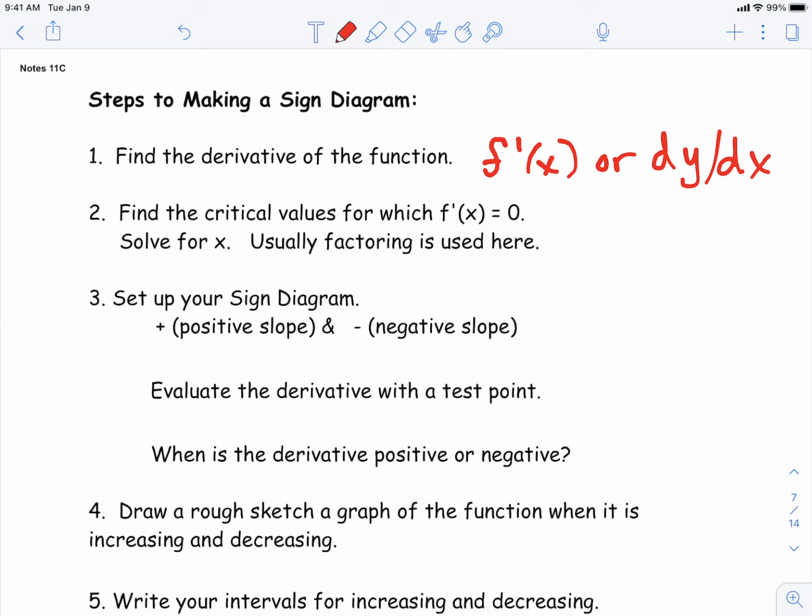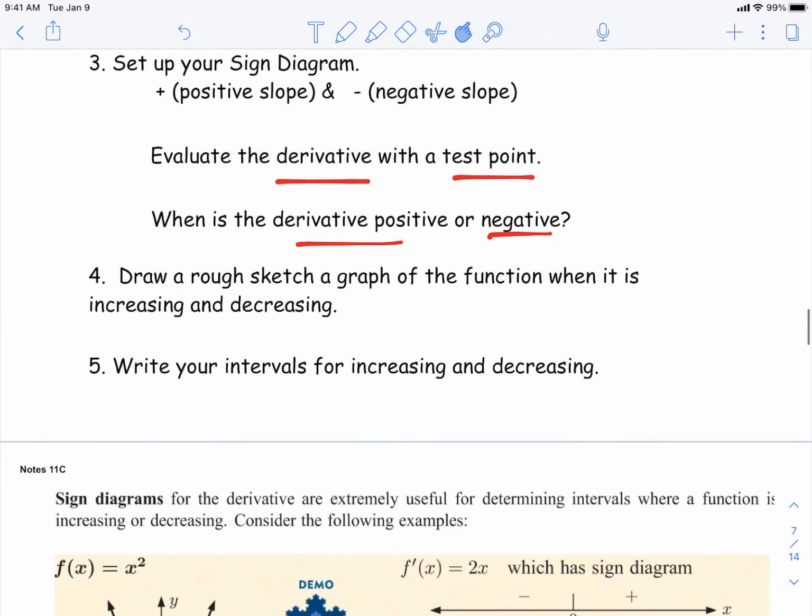Step 3 is we're going to set up a sine diagram with positive and negative slopes. We're going to evaluate the derivative for test points and see when the derivative is positive or negative. Step 4, we're going to draw a rough sketch or use our graphing calculator, and then write the intervals for which it's increasing and decreasing.